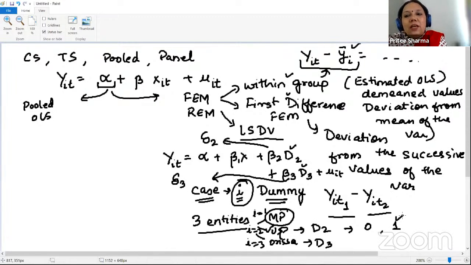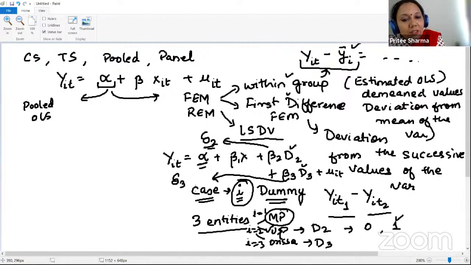Similarly, for Orissa, we will have D3, wherever Orissa is coming, there will be 1, and wherever it is not appearing, it will be 0. Now, why we did not take a dummy for Madhya Pradesh: one reason is that the estimation of these dummies is going to give us the intercept, and the one which is left out will approximately be taken care of by the alpha.